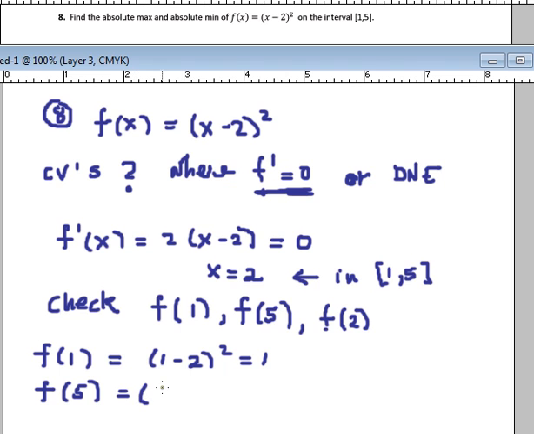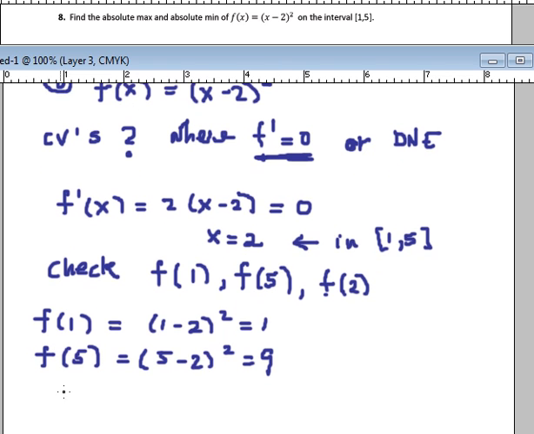F of 5, 5 minus 2 squared, that's 9. And f of 2 is 0. So we have a maximum here, and we have a minimum here. So that's the absolute max, and that's the absolute min.